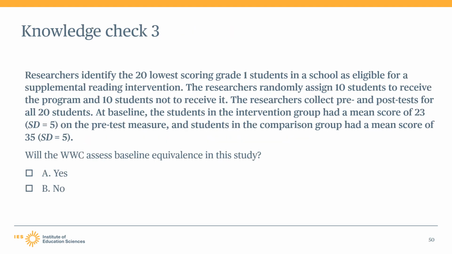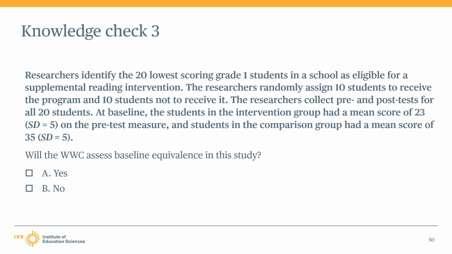Knowledge check 3. A study identifies the 20 lowest scoring first-grade students in a school as eligible for a supplemental reading intervention. The study authors randomly assign 10 students to receive the program and 10 not to receive the program. The researchers collect pre-test and post-test data on all 20 students.